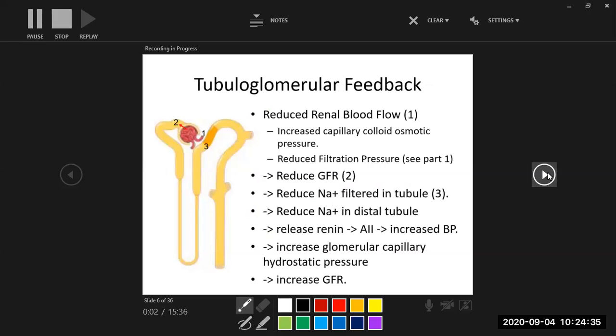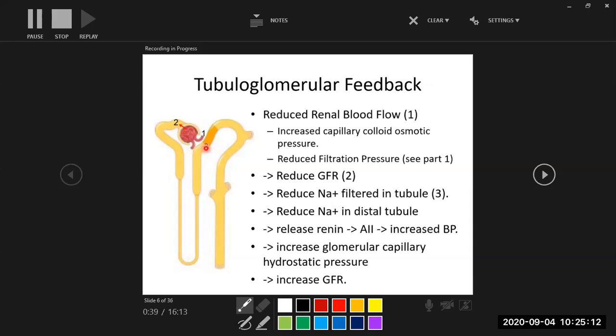So this feedback pathway is also called tubular glomerular feedback. This term refers to how this tubule provides a checkpoint, and it will send a signal of the low sodium level back to the glomerulus to make an adjustment.